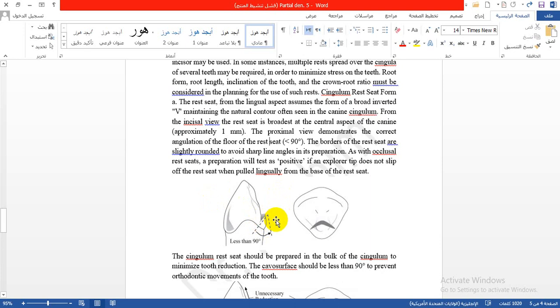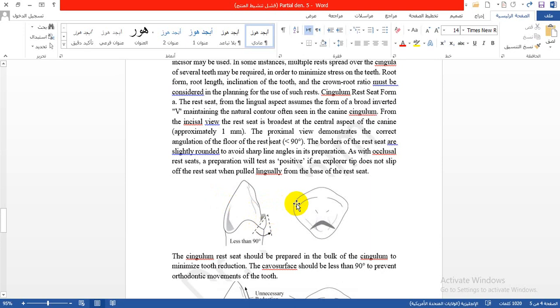The borders of the rest set are slightly rounded to avoid a sharp line angle in the preparation. يعني دائما يكون عندي من اسوي preparation يكون عندي الحواف مالته تكون عندي شنو هو rounded حتى نمنع الشارب لاين.